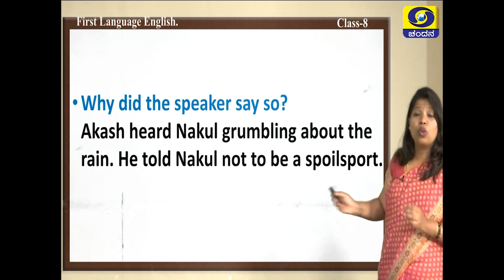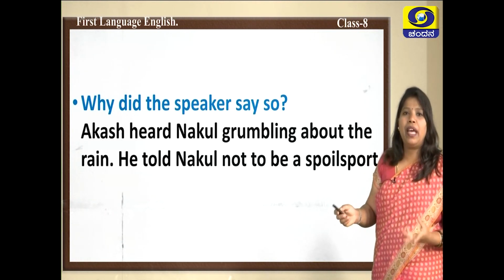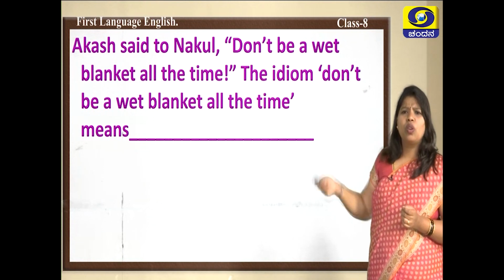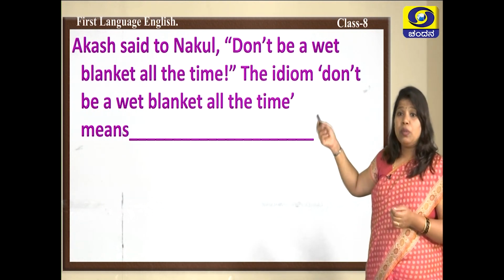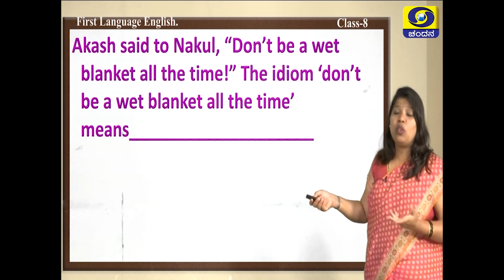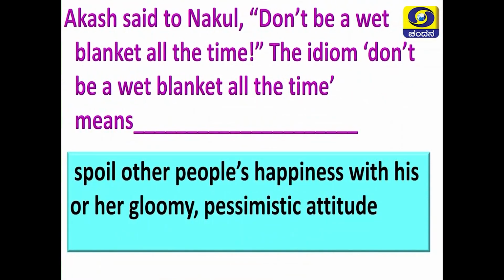He told Nakul not to be a spoil sport, means not to always keep grumbling about things. Akash said to Nakul, "Don't be a wet blanket all the time." What does it mean, don't be a wet blanket all the time? It means spoil other people's happiness with his or her gloomy pessimistic attitude.